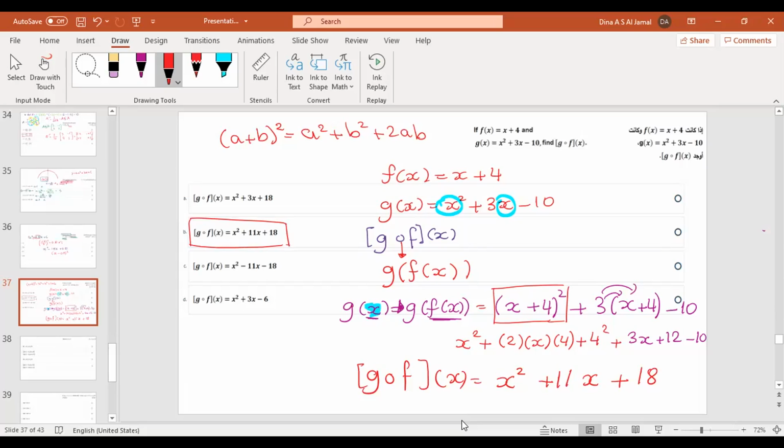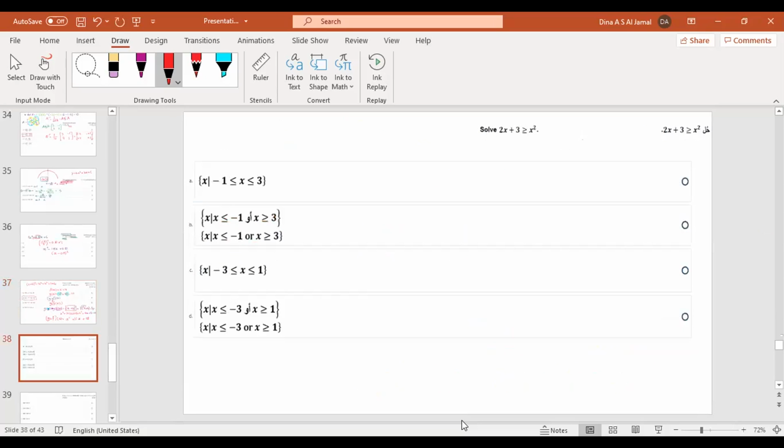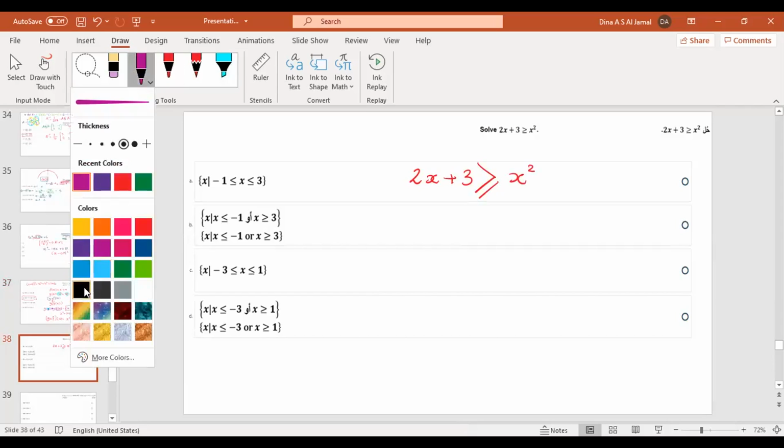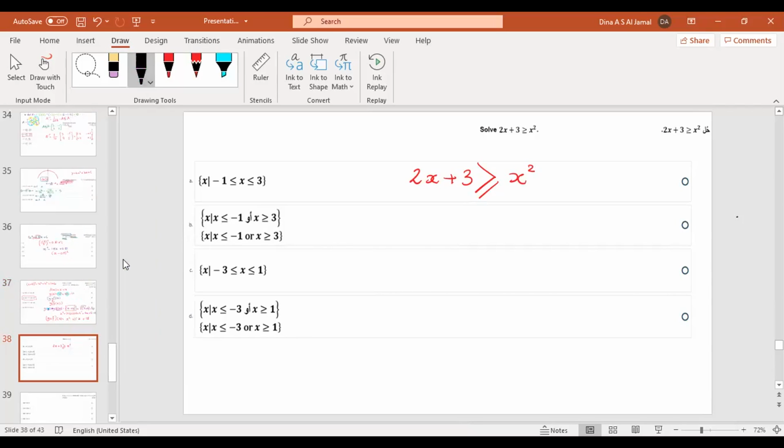Let's see now this question. Solve 2x plus 3 bigger than or equal x squared. So first of all, this is a quadratic inequality, but it's not organized. So what you need to do is organize it. So you can shift everything to the other side with the x squared.